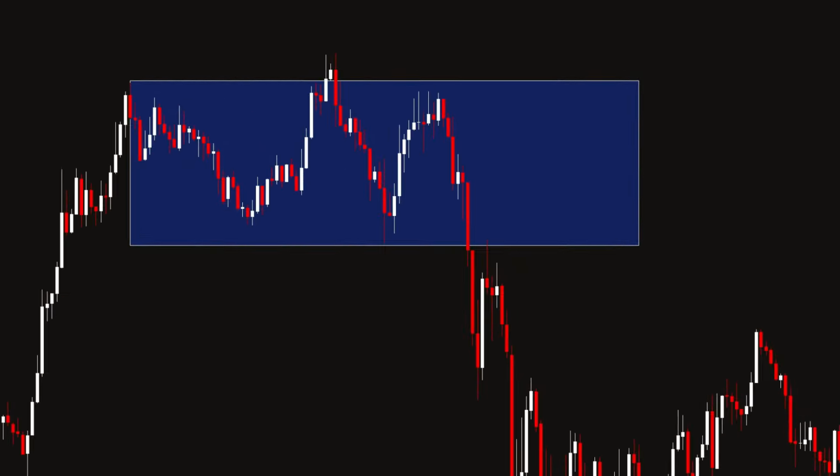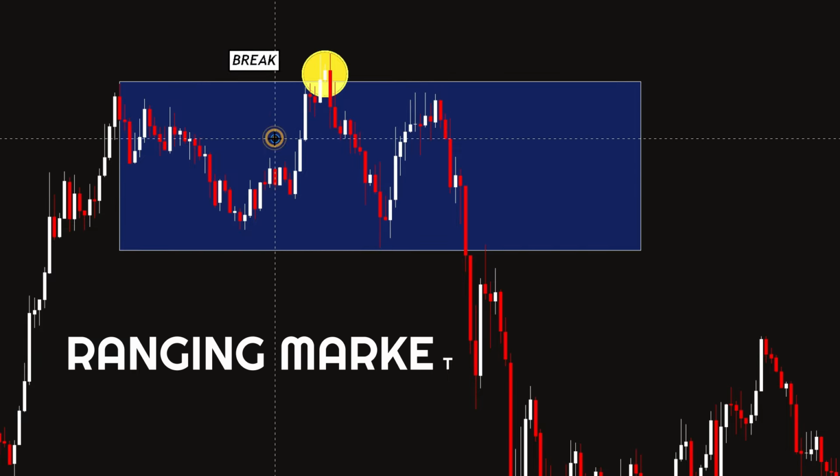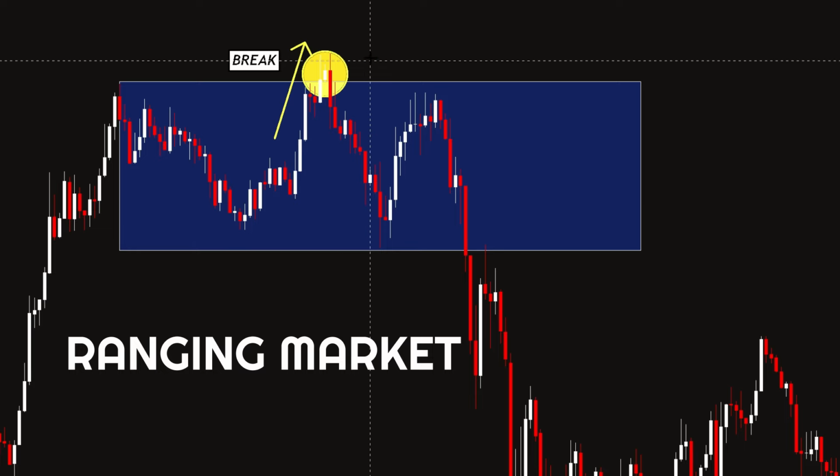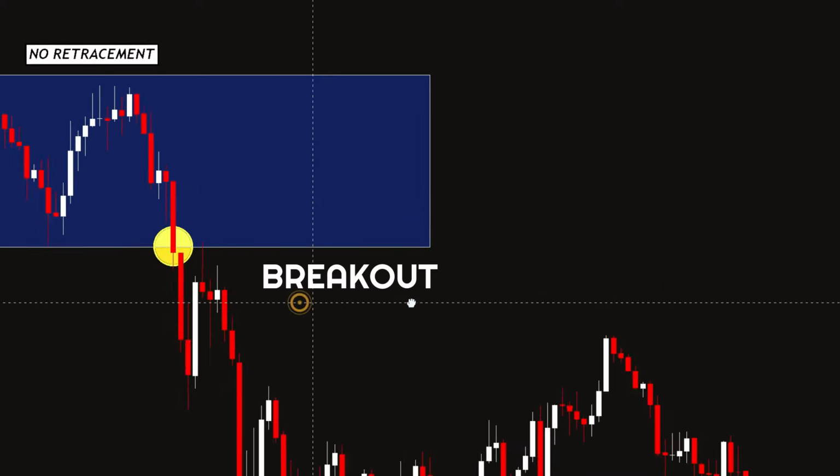Let's look at it on the chart. Here's a clear ranging market. Price breaks above the zone, but notice there's no clean retest, no rejection candle. So we skip it. Later, price breaks below the range.